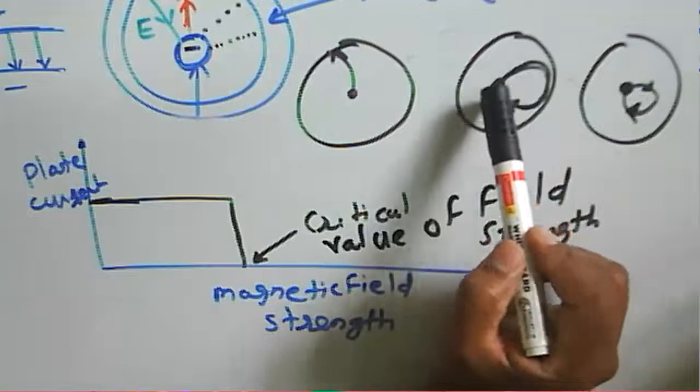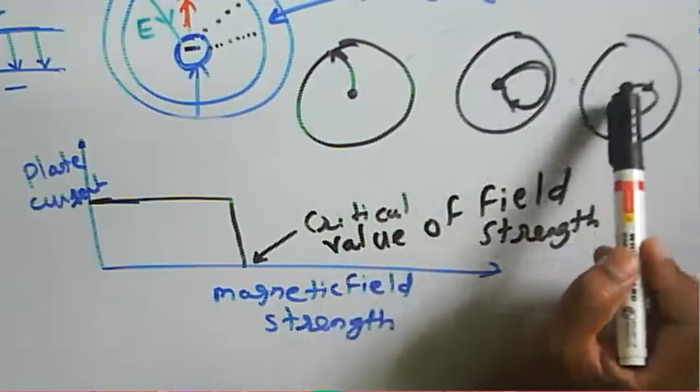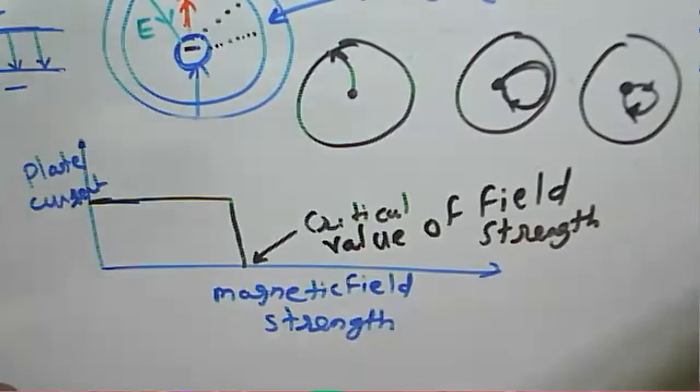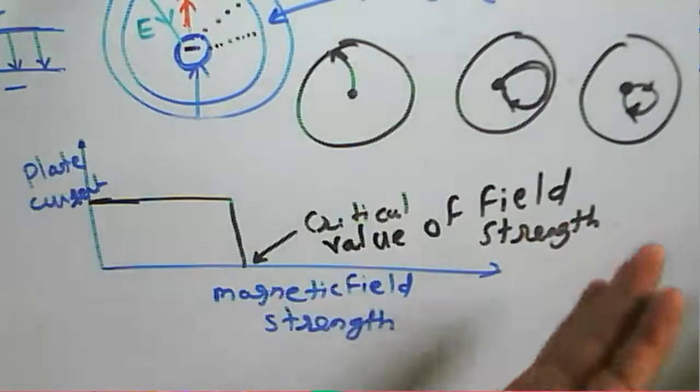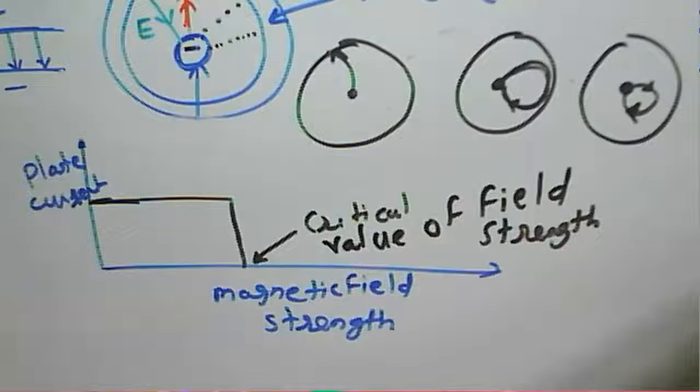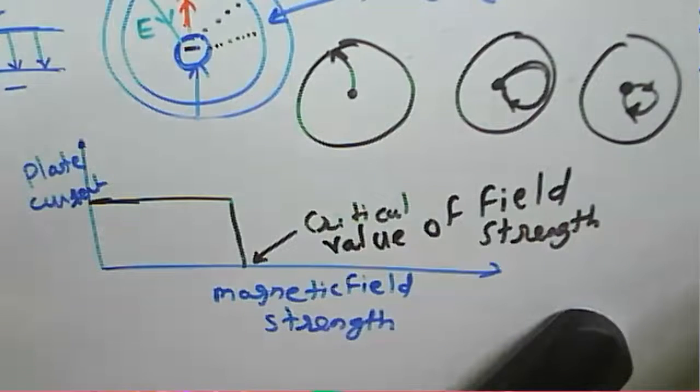This one is a large circular path, but this one is a small circular path. This way the electron moves from the cathode to the anode. This is the basic principle used in the magnetron.